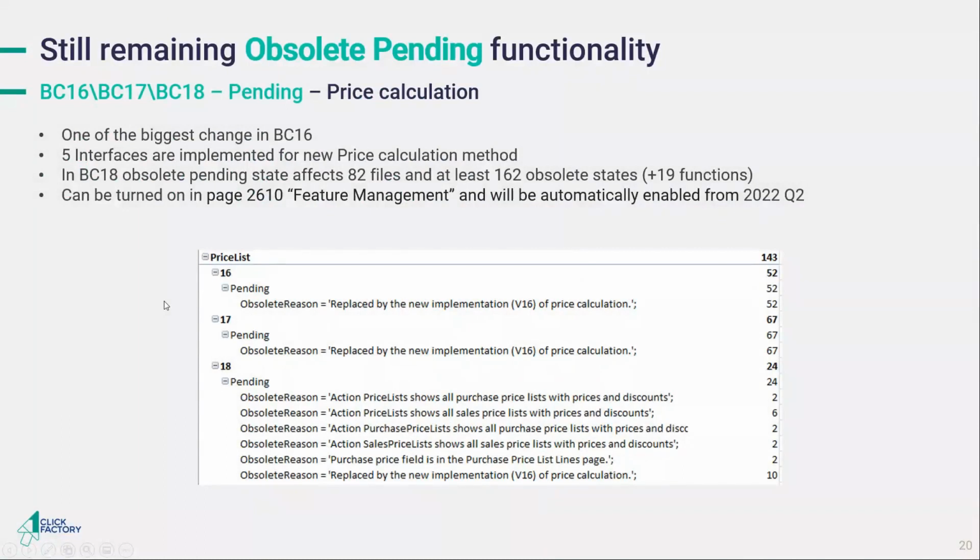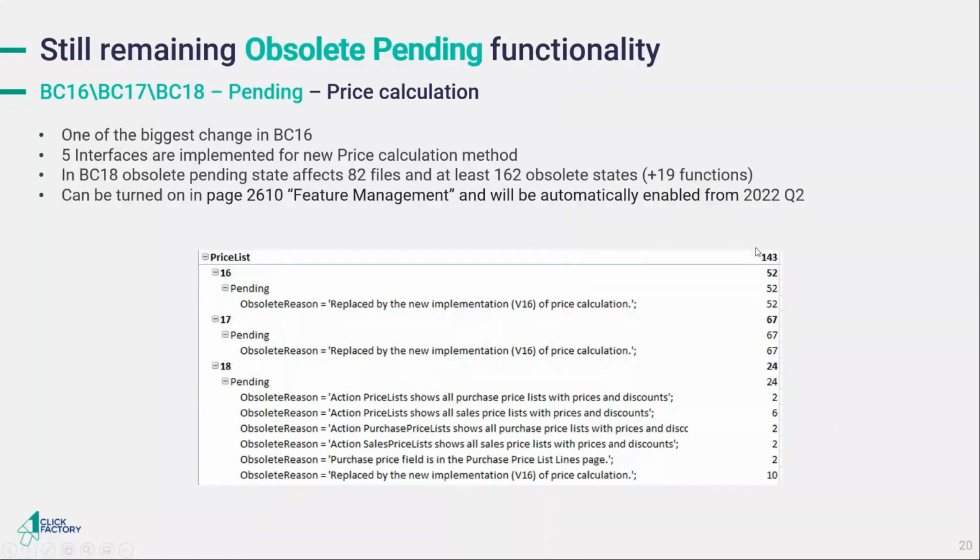Price calculation, I already mentioned that in the feature management, it said that it will be automatically enabled from next year's Business Central 20 release. And again, the reason it could be still not yet removed is because Microsoft is adding more functionality to it, and it's still developing it.